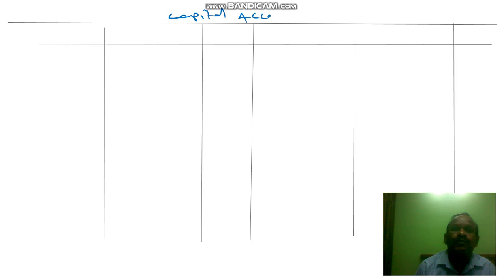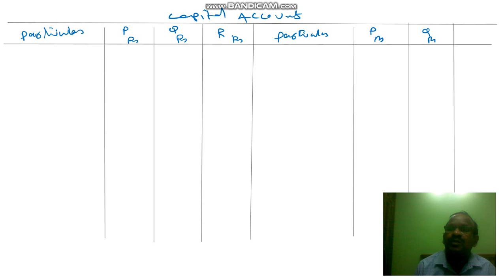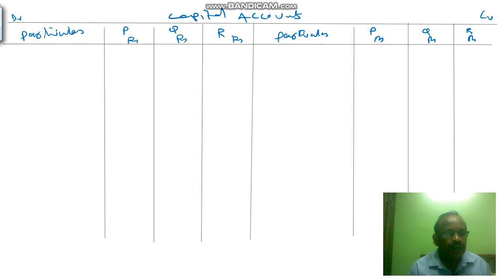Capital accounts, particulars, P rupees, Q rupees, R rupees, PQR rupees, particulars, P rupees, Q rupees, R rupees. R is the new partner, P and Q are the existing partners.